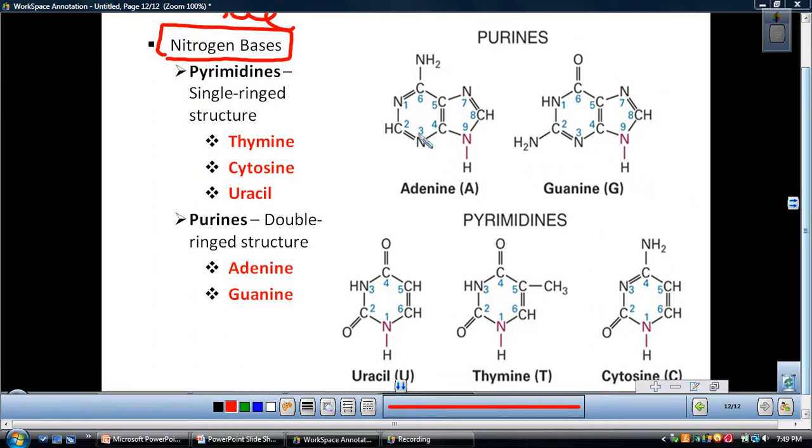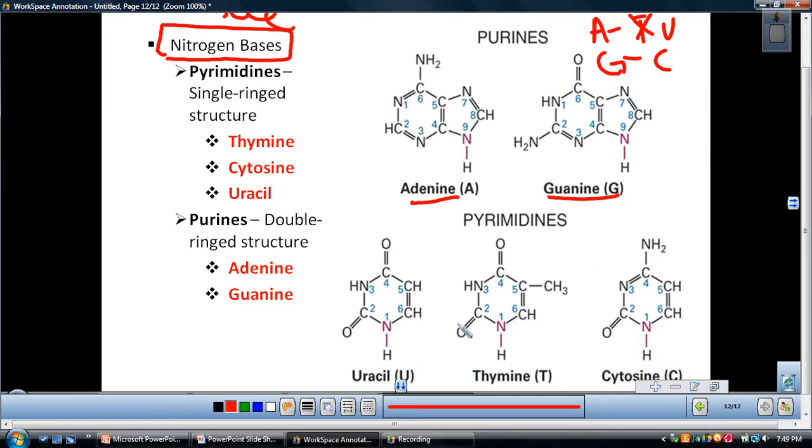I'm sure you remember a little bit about our rules. Do you guys remember when we did DNA and RNA in freshman year, and we did A to T, G to C, but if it was RNA, there was no T, that was replaced by uracil. So those are our 5 nucleotides. We have adenine, guanine, uracil, thymine, and cytosine.